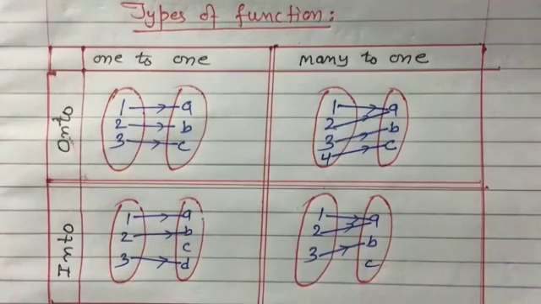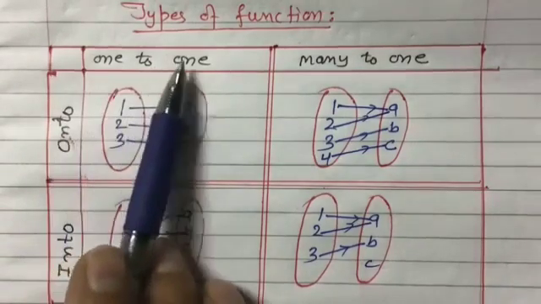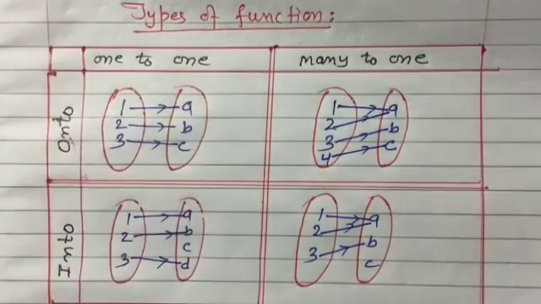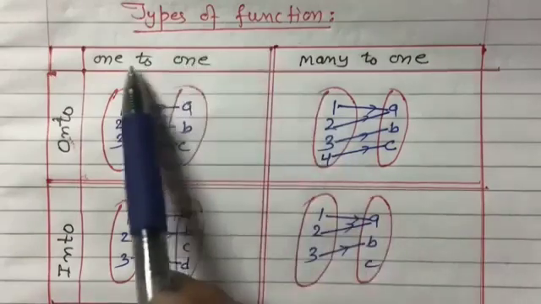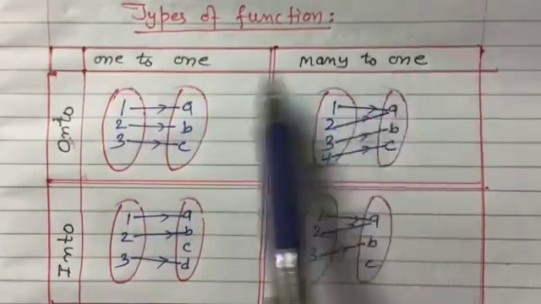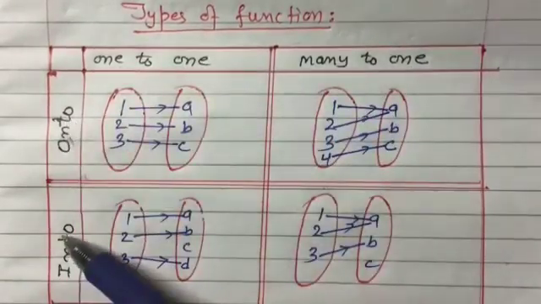Dear students, today I am going to teach you types of function. The types of function are one-to-one function, many-to-one function, onto function and into function. So we have got four types: one-to-one, many-to-one, onto, into.